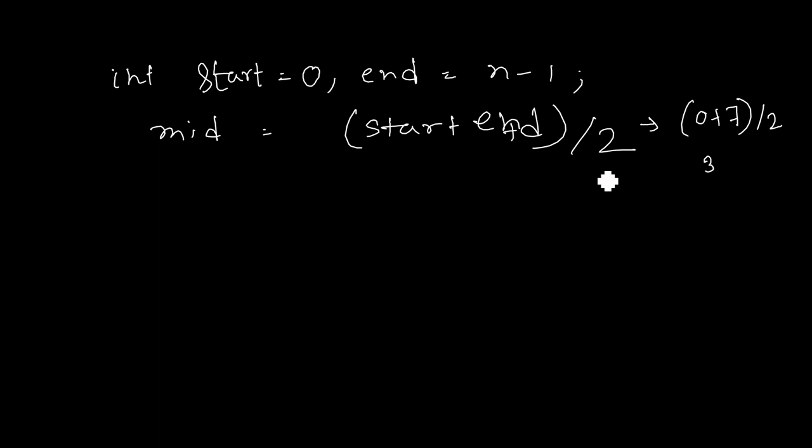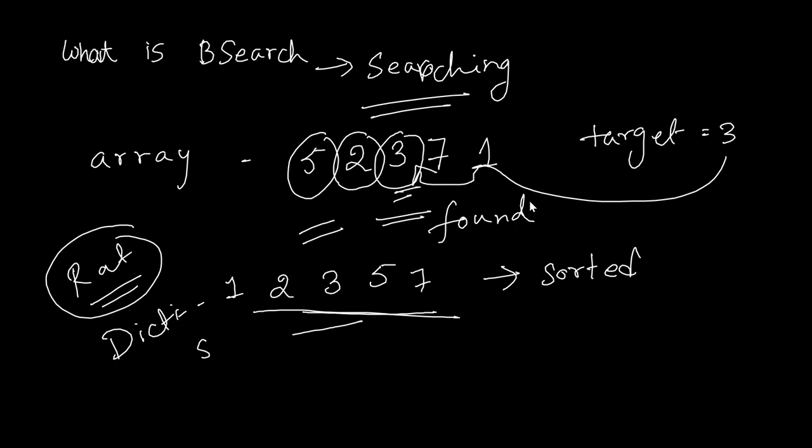And if it has an odd number of elements, then finding the mid is easy. I'm saying this because let's suppose this element. So here we have an odd number of elements, that's why mid is 3. But suppose we have 1, 2, 3, 5, then mid will be 2, because these two are mid candidates and we are taking the first element. So this is how things will differ.